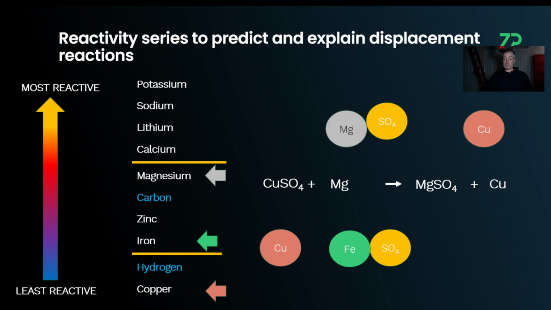It's already with iron sulfate, and so copper can't displace iron from iron sulfate. So that reaction does not proceed. So we can use the reactivity series to predict whether one metal can displace another metal from its salt. And in that particular case, magnesium will displace copper, but copper will not displace iron.